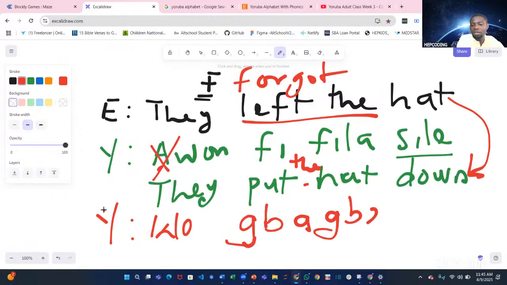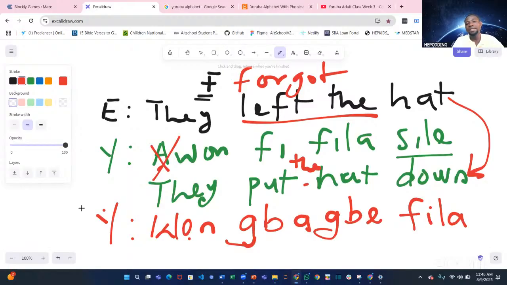Gbàgbé. This means forgot. Wọ́n gbàgbé fìlà. They forgot the hat. Wọ́n gbàgbé fìlà náà. In Yoruba, the "the" will be náà, but you can ignore it.